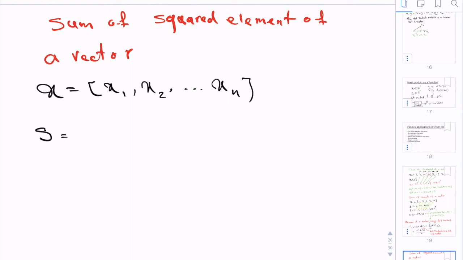S is the sum of these elements. That means x1 squared plus x2 squared plus the other elements also squared, and the last one squared. Sum of all these elements.